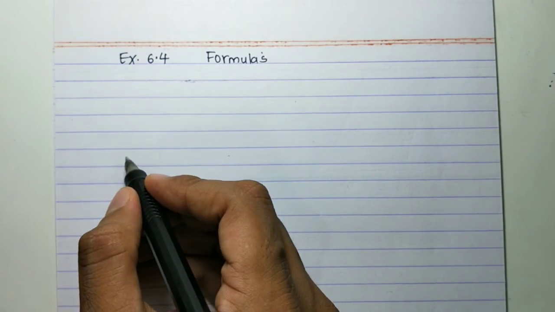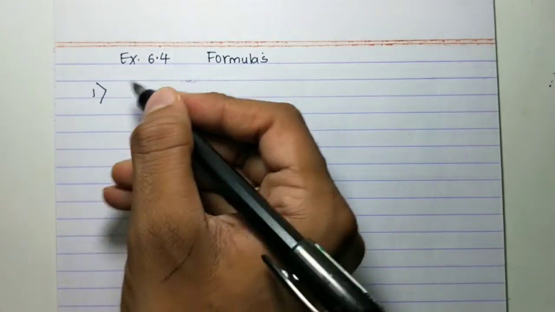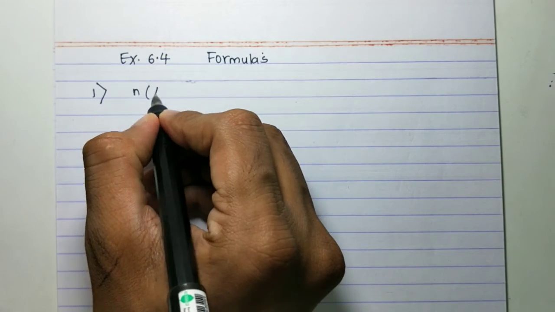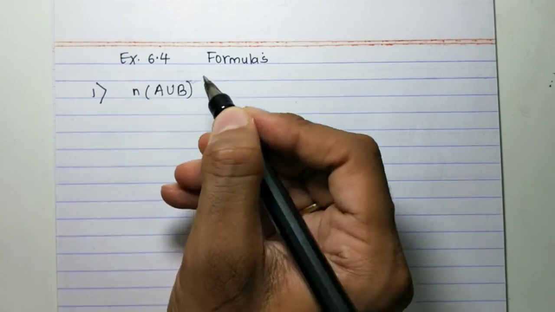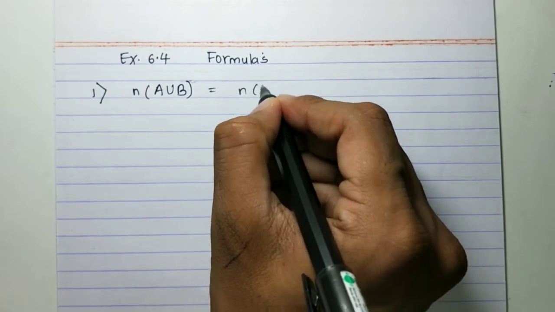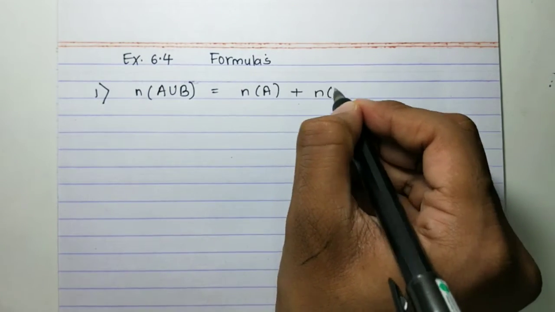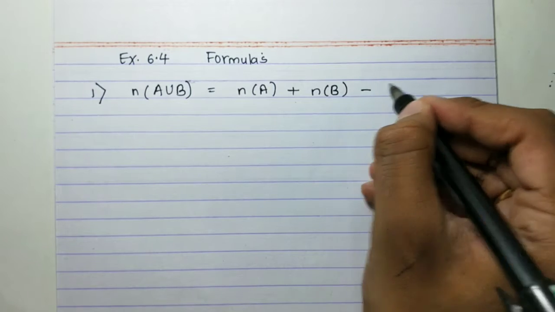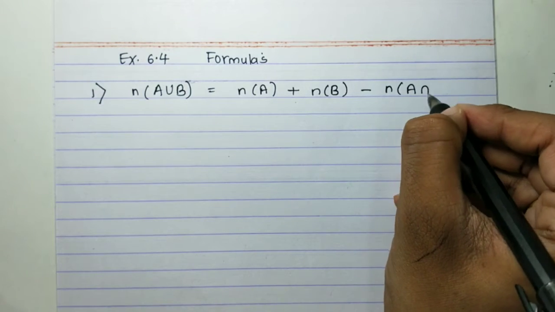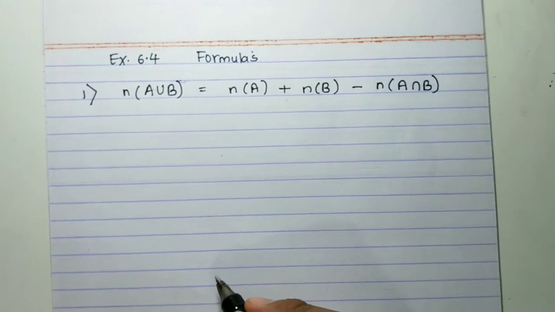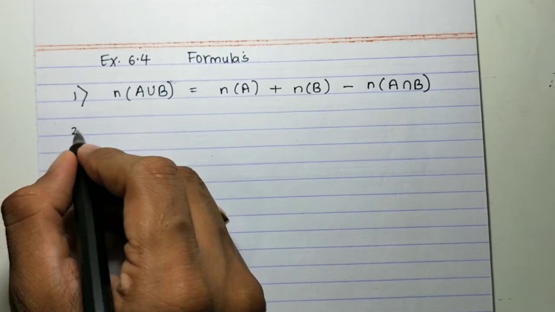Now what are the formulas? First one is number of A union B equals number of A plus number of B minus number of A intersection B. This is the first formula.